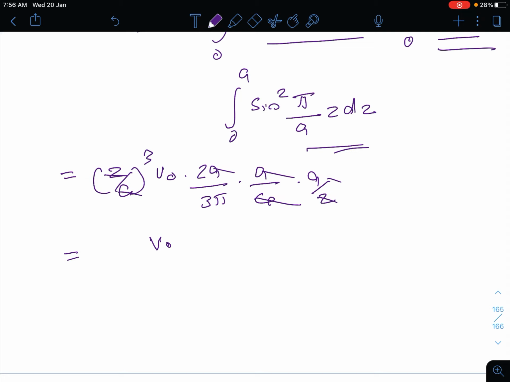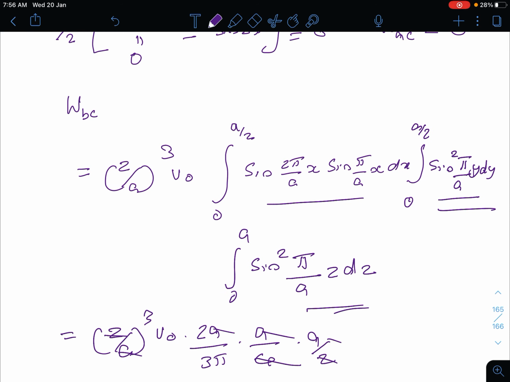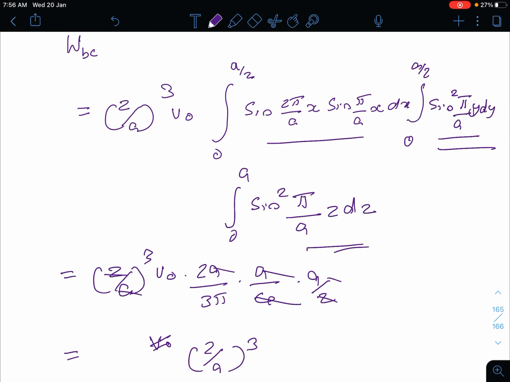So 2 by a all cube. Okay, let me check it. Something was wrong. Oh, I made a mistake.